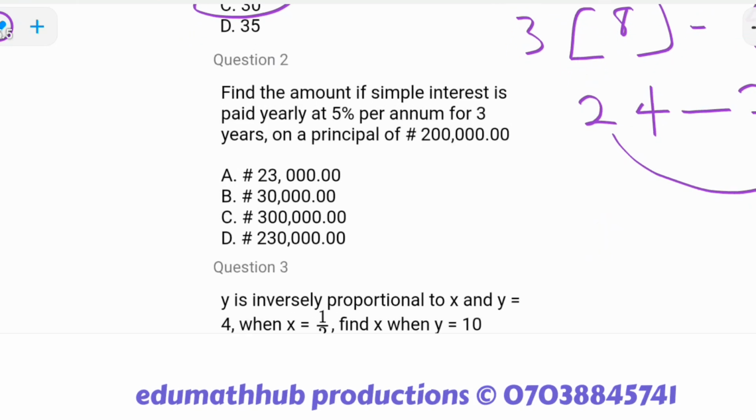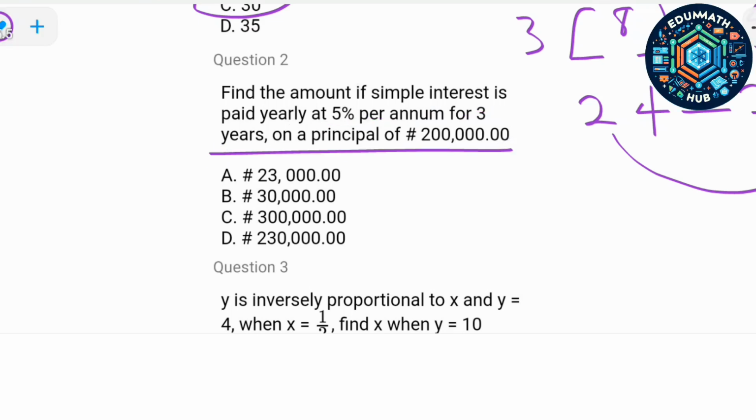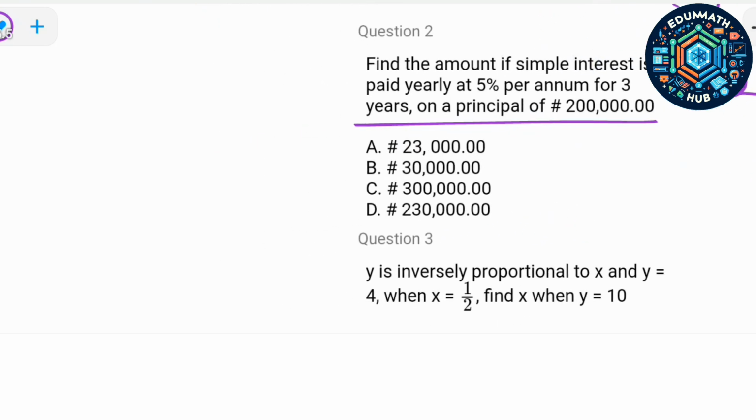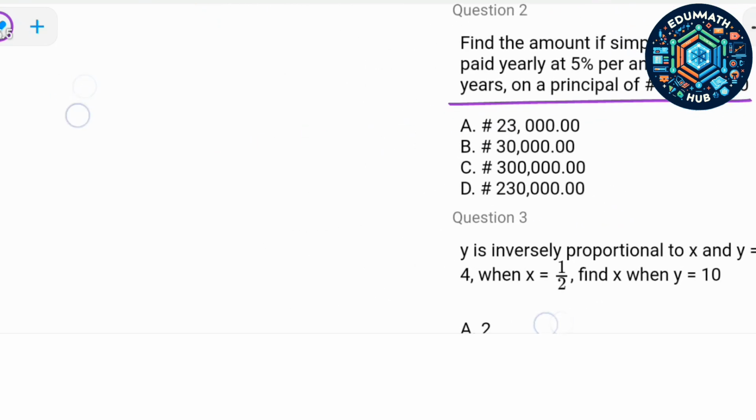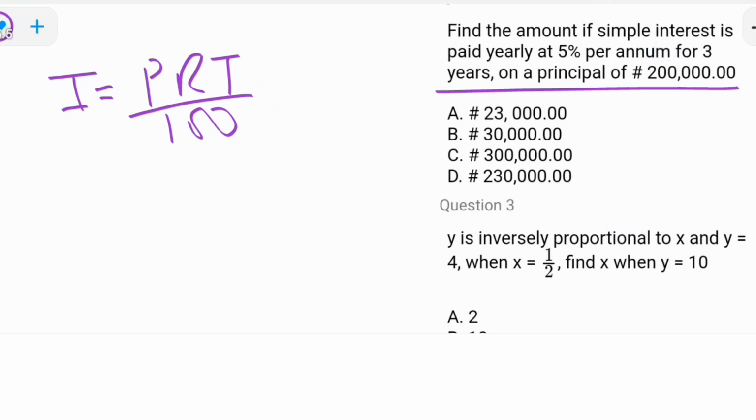So the next one, find the amount if simple interest is paid yearly at 5% per annum for 3 years on the principal of 200,000 naira. So normal formula of simple interest now. So just have I equals PRT over 100. So your P is 200,000. You can see it here. So 200,000, multiply this by the rate.